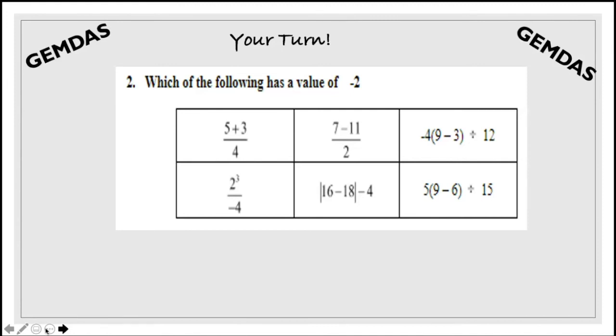So you'll have a paper with 6 folds in it. That way you have a slot for each one of your answers when you're going through this order of operations. So go ahead and pause your video and solve each one of these expressions. And once you're done, unpause and we'll get started.